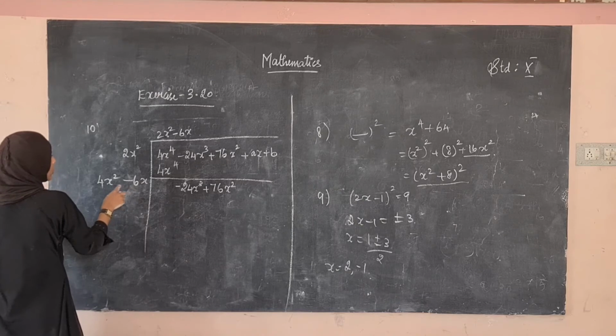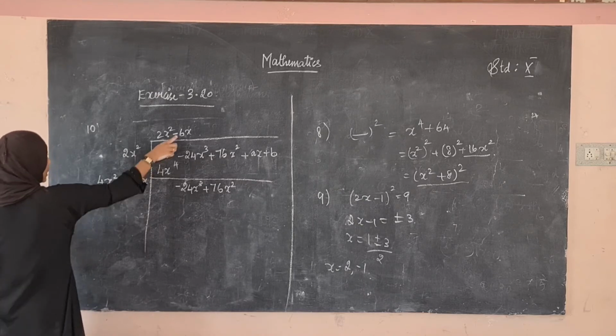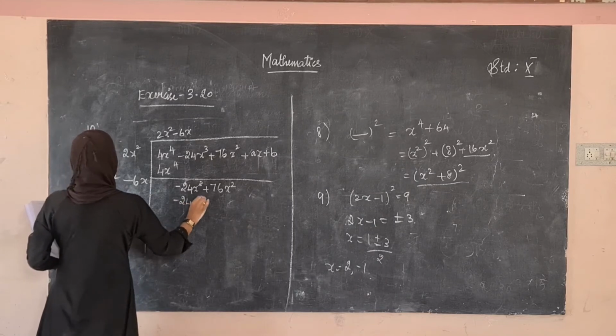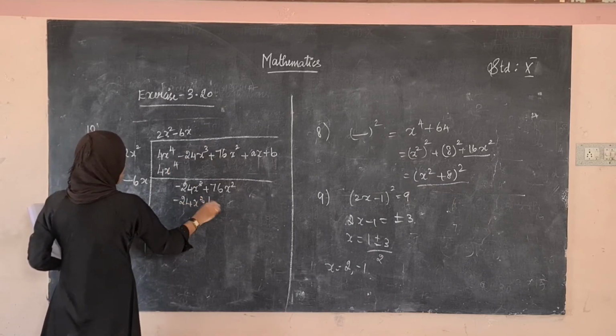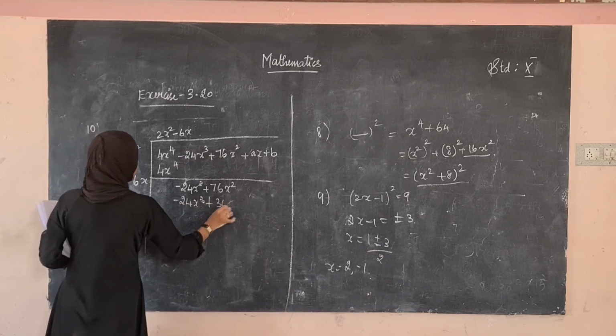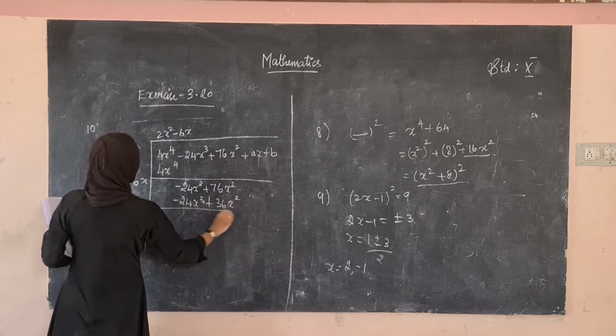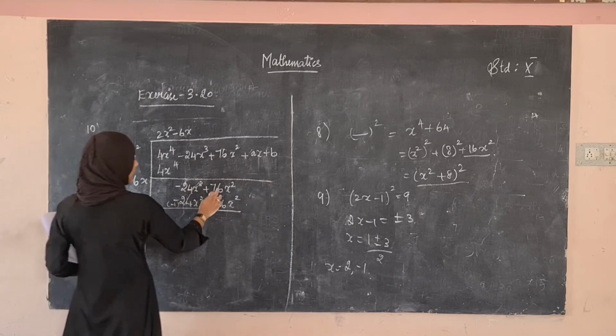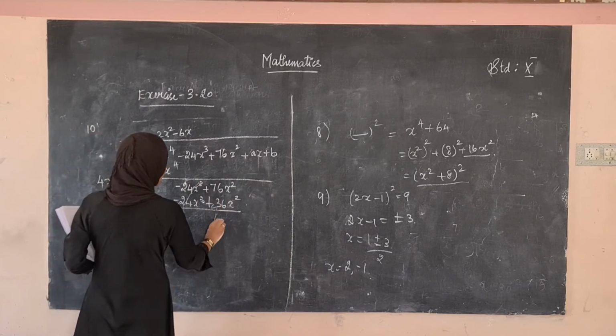Minus 6 into 4 into x square gives minus 24 x cube. Minus into minus is plus, 6x is 36, x into x is x squared. So changing the sign, this gets cancelled, and 76 minus 36 is 40x squared.